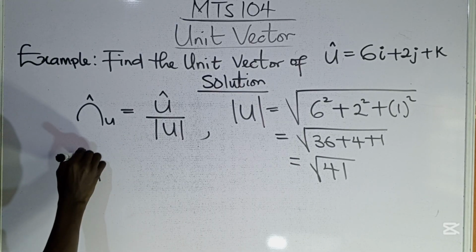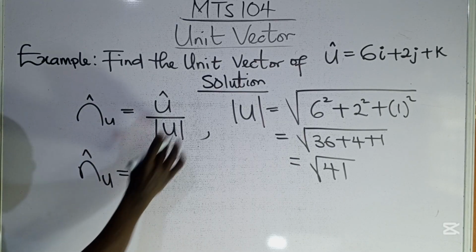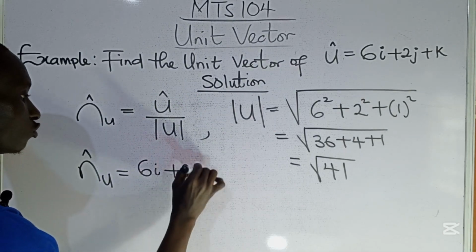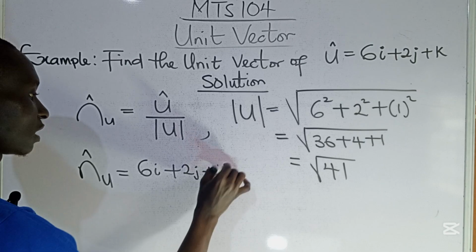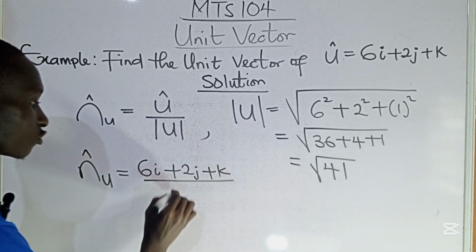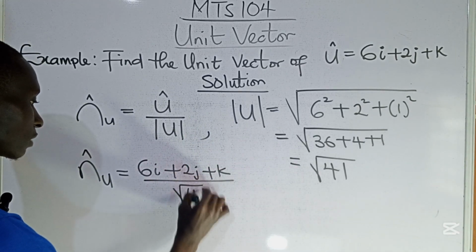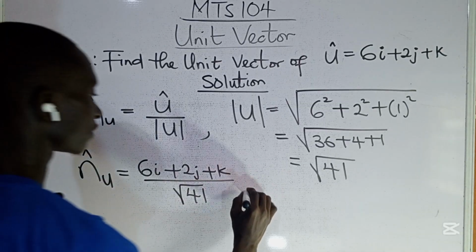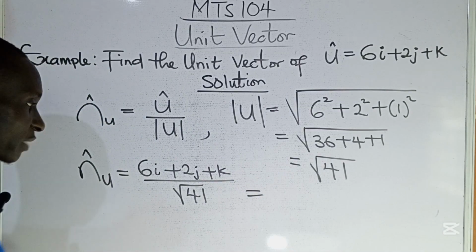So the unit vector of u equals the vector u, which is 6i plus 2j plus k, divided by its modulus, which is the square root of 41. So this is the unit vector. You can simply go further by writing it for each component.